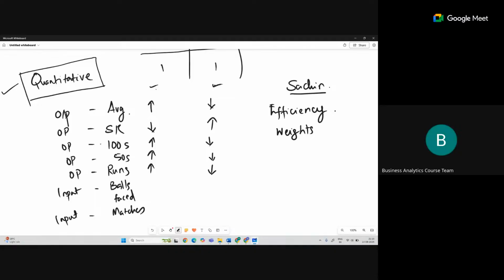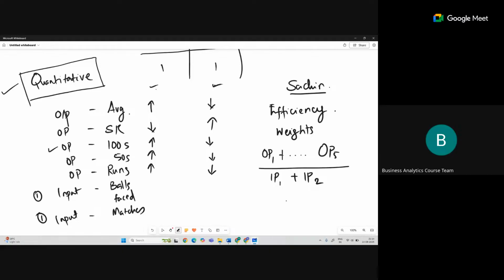Centuries, hundreds, are an output. So we have two inputs and five outputs. What is efficiency? Output by input. So we have output 1 all the way till output 5 divided by input 1 and input 2.